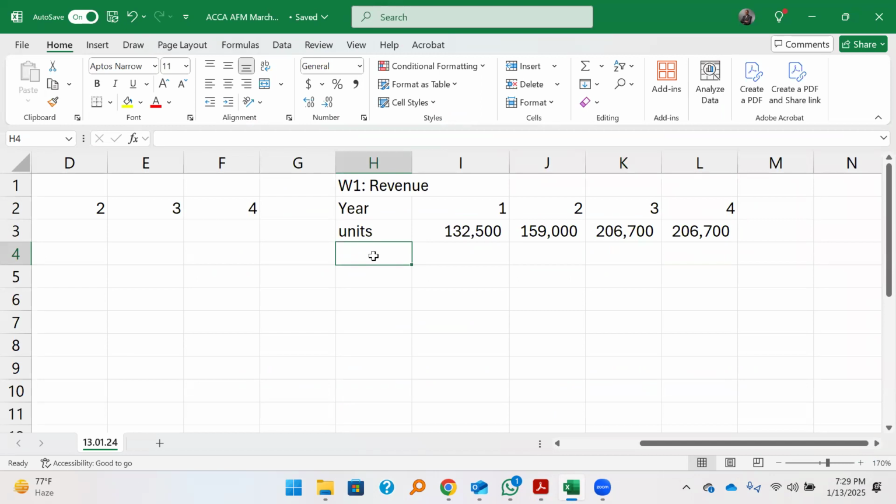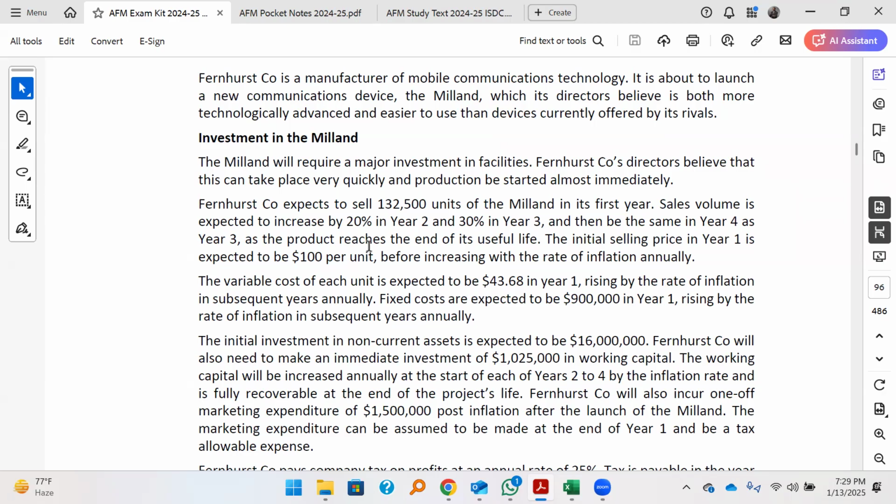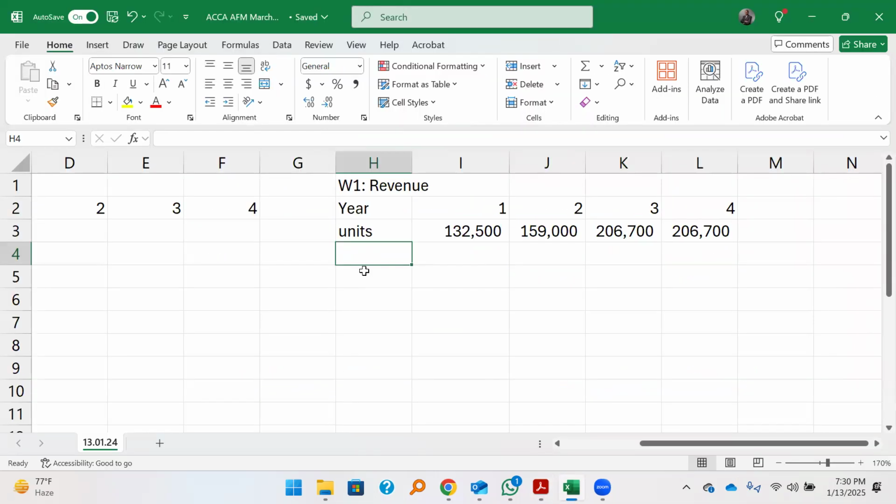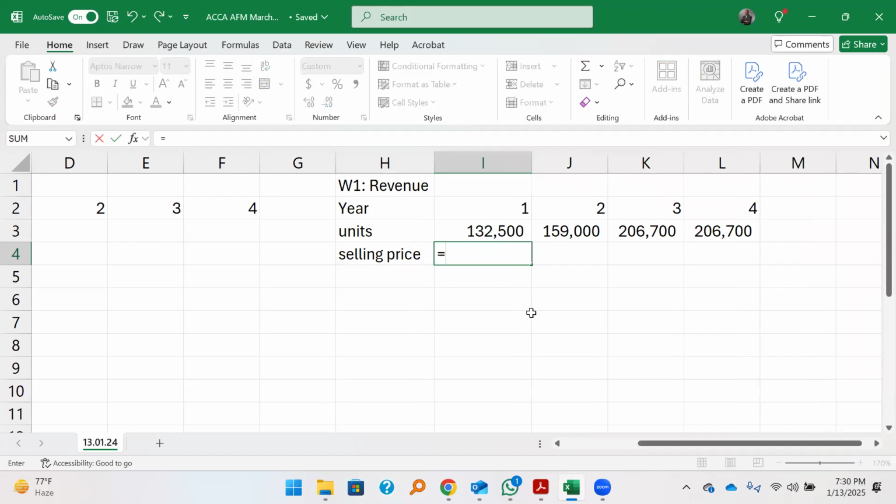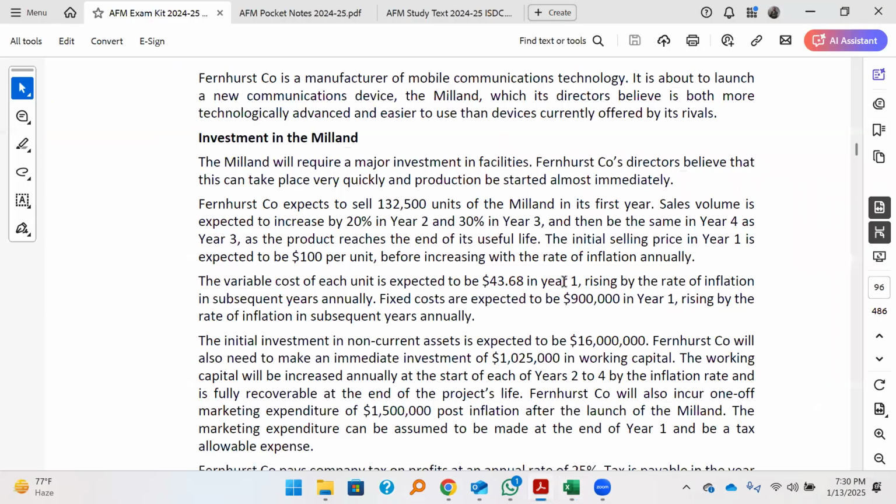Having our units, we can now get the selling price. They're going to sell at 100 in year one, but then it's going to grow by inflation annually from year two onwards.